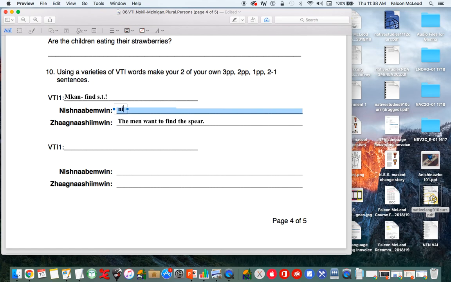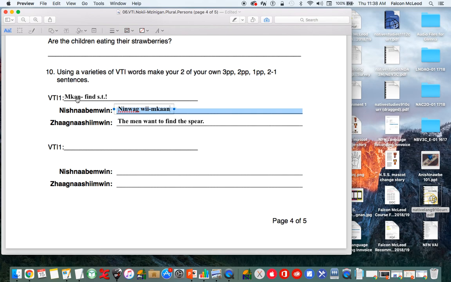So our word for men is nene. And then it's pluralized with wug, but we gotta get rid of that I because of the third last consonant rule. So ninwug. And then want to find. So want to is our indefinite future suffix, we. And then our verb kun.